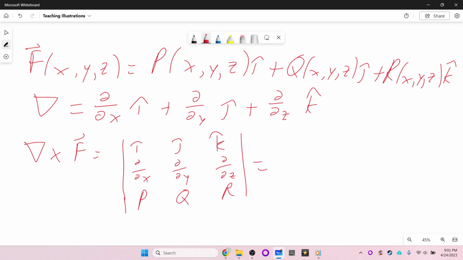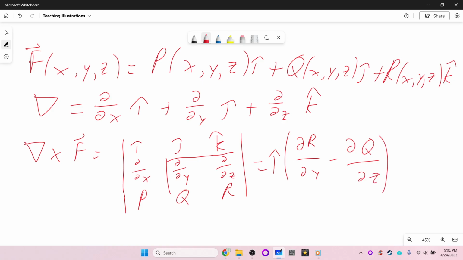So if you work this out using our standard rules of expansion, you'll expand along the top, and then you'll do the determinant of the 2 by 2. So we'll get i hat, and if we take out everything in its row and column, we get this bottom right: del r del y minus del q del z.